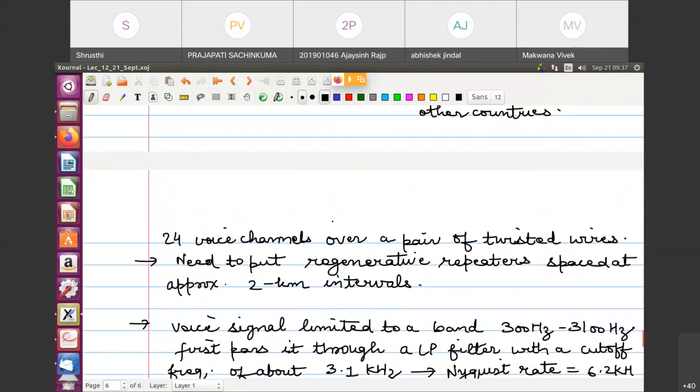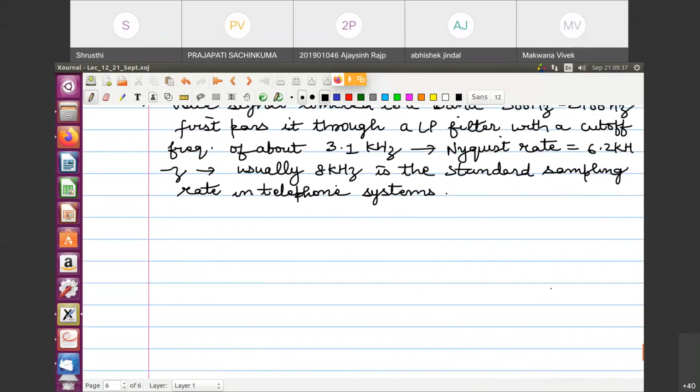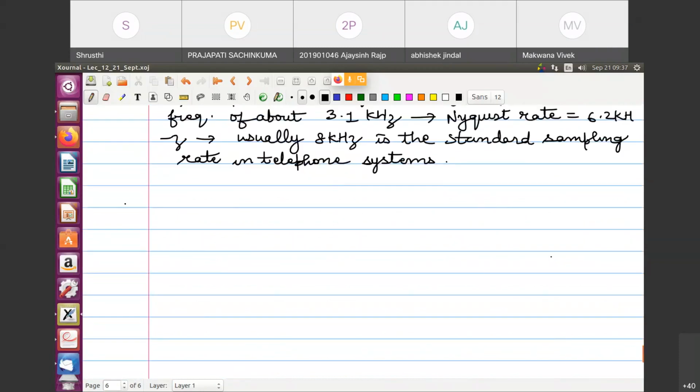तो 24 voice channels हैं आपके पास और 8 kilohertz का sampling rate आपको हर voice channel के लिए use करना है. अब question ये है कि हम 24 को multiplex कैसे करें? Okay, so let us now do that. So each frame. So this is interesting.